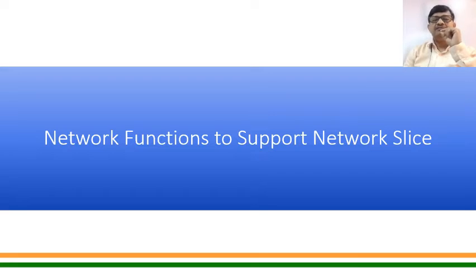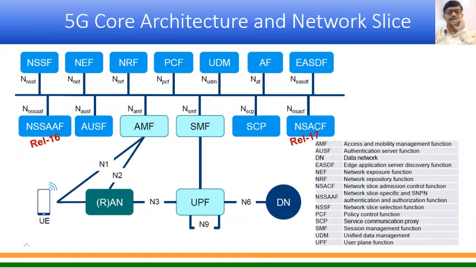Now let us look at the different network functions in 5G which will support network slicing. Let us look at this picture. Earlier also we saw the 5G network architecture. Here what we are trying to show is the network functions which are specific to the network slice concept.